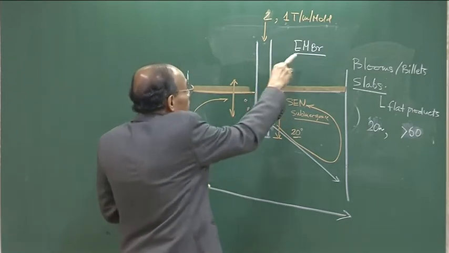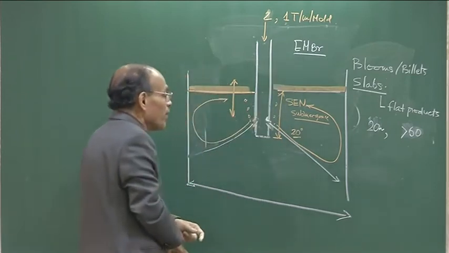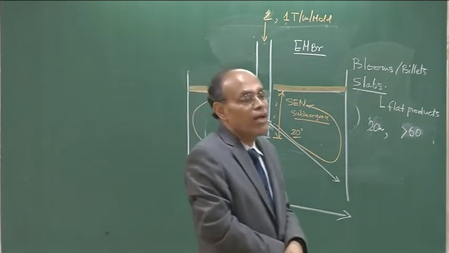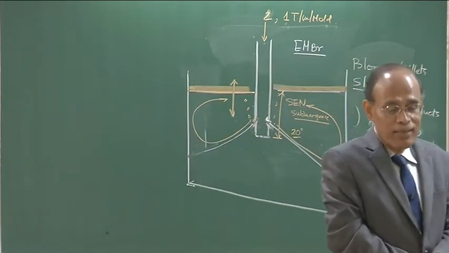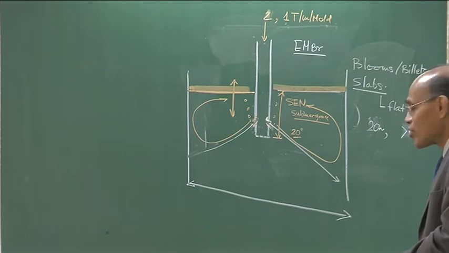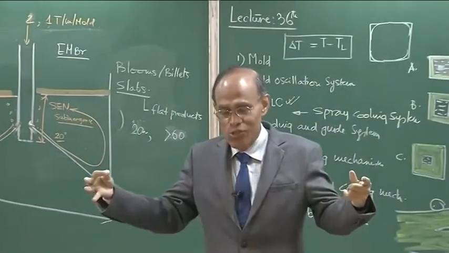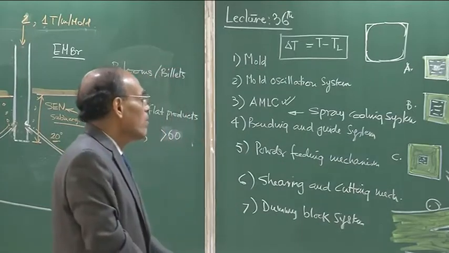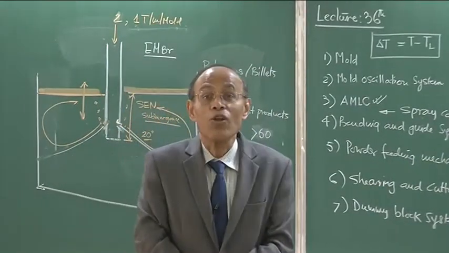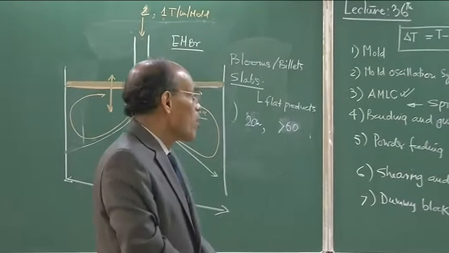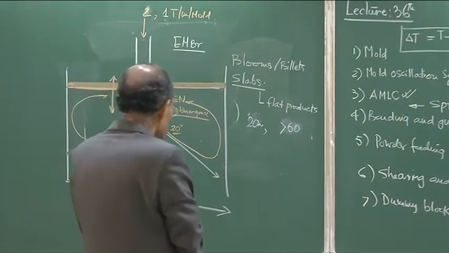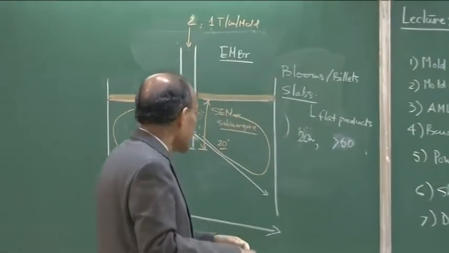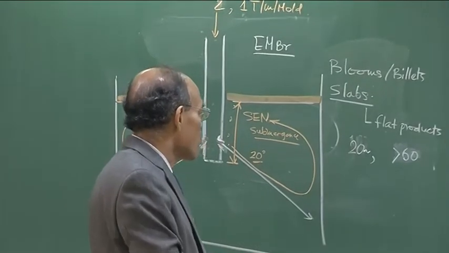In this case, the electromagnetic braking, and electromagnetics basically happens because you apply electromotive forces. You have huge magnets installed around the mold, and there is what is called the Lorentz force. When you pass currents, the magnetic lines of force develop.